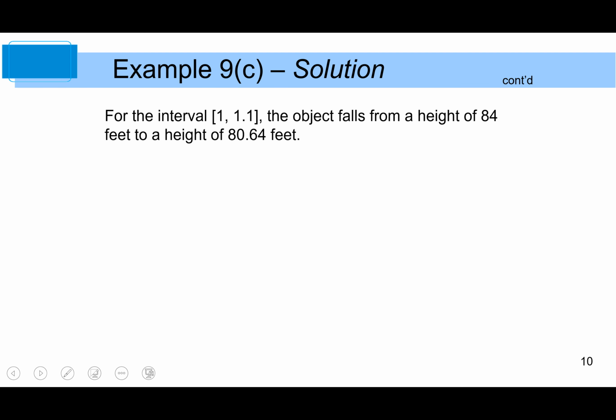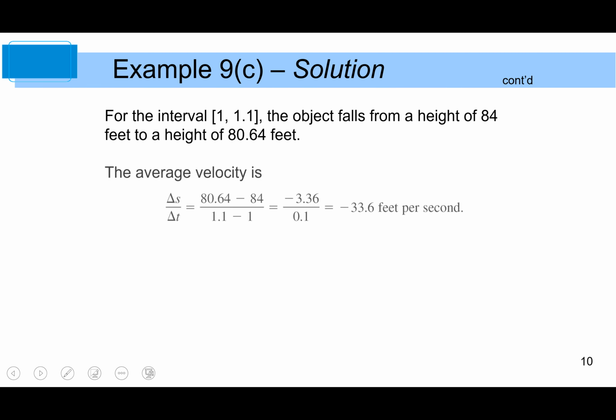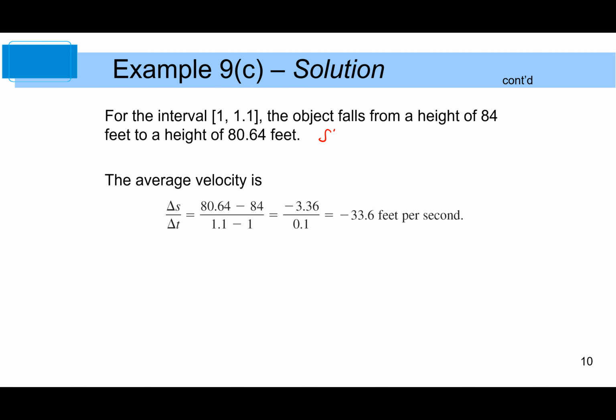For the interval between 1 and 1.1, the object falls from a height of 84 feet to a height of 80.64 feet. So s of 1, from before, we know is 84, right?